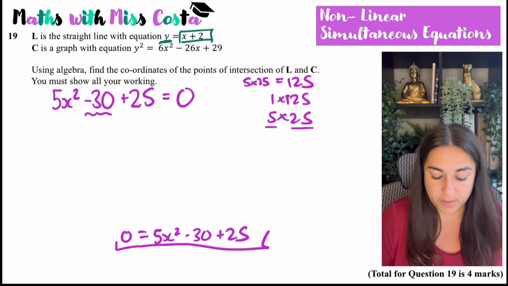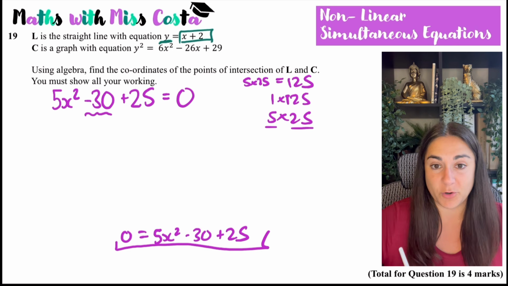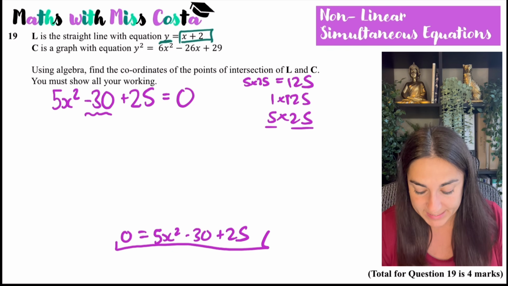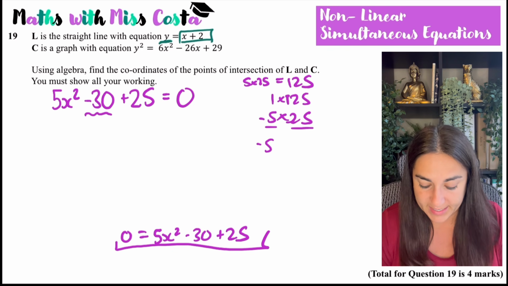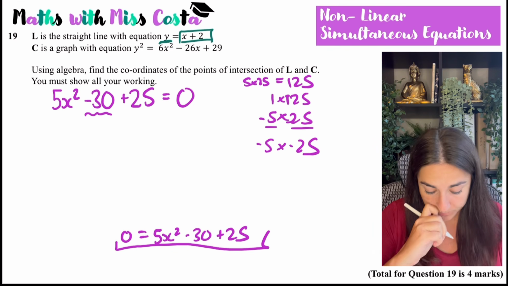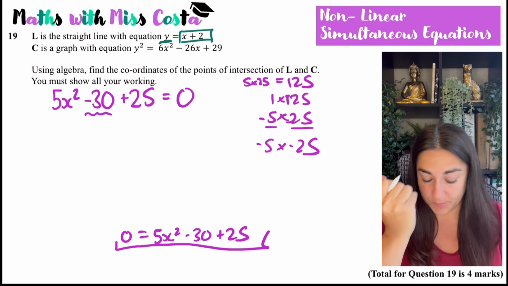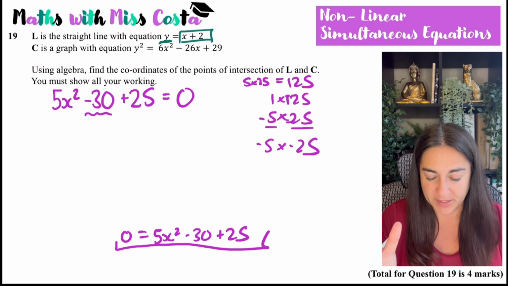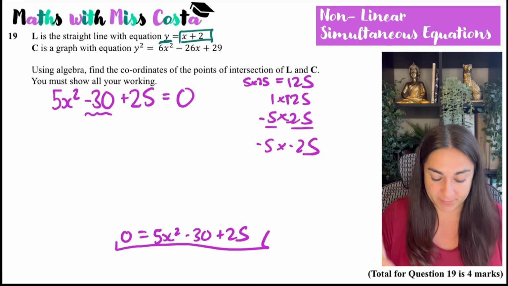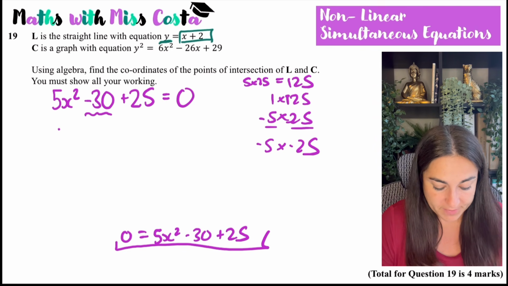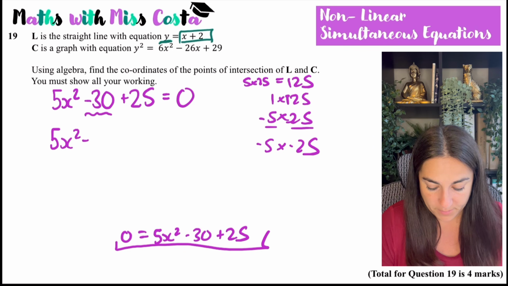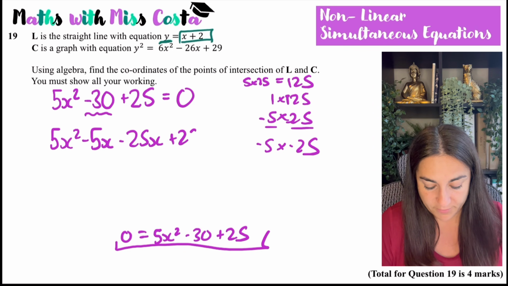Because I've got a positive product, both of the values are going to need to be negative, because a negative times a negative gives you a positive. And they're going to need to add to make minus 30. Minus 5 minus 25 is minus 30. So I then split them up: 5x² - 5x - 25x + 25 equals 0.